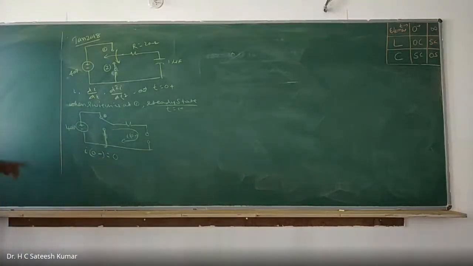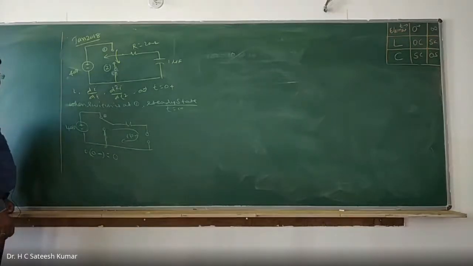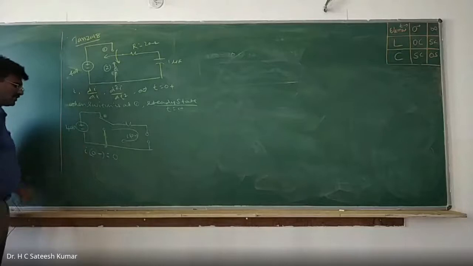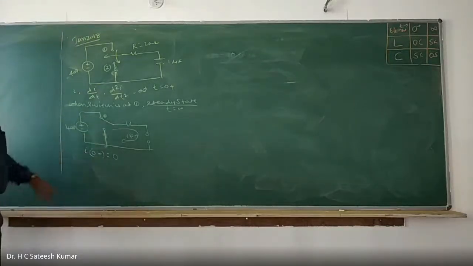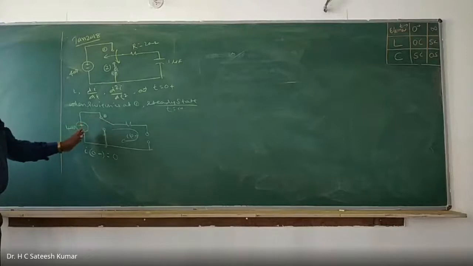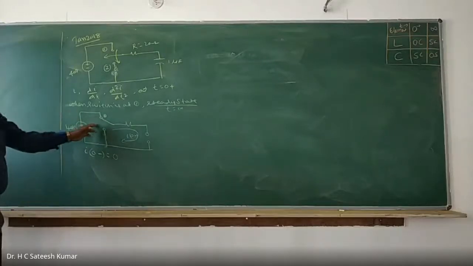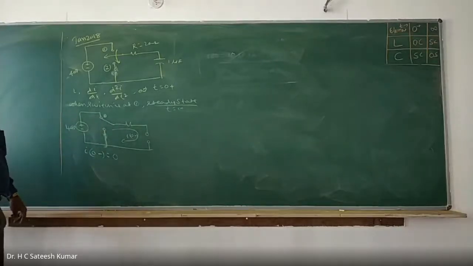But once the switch is changed, what will happen? Let us see. Initial condition I0 minus: before switching operation, it is at position 1. But when the switch changes its position, the inductor is unable to respond very fast.